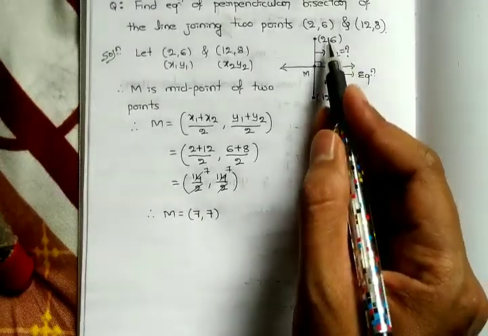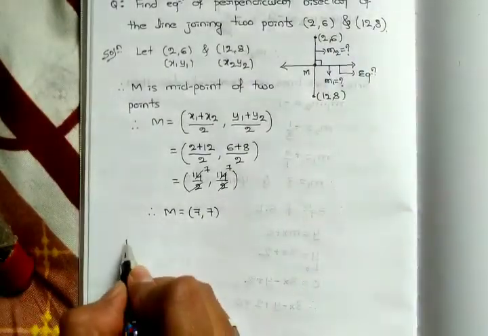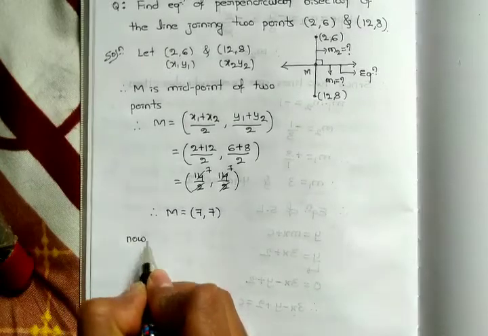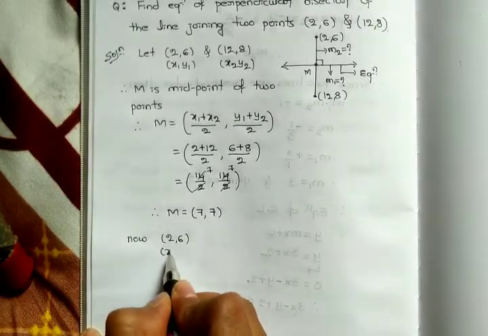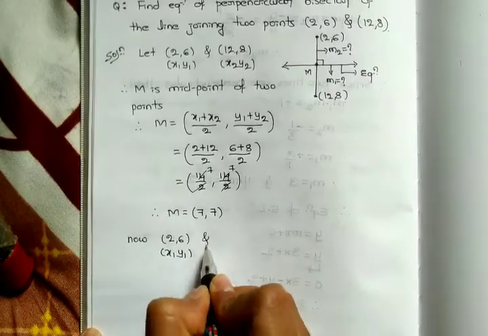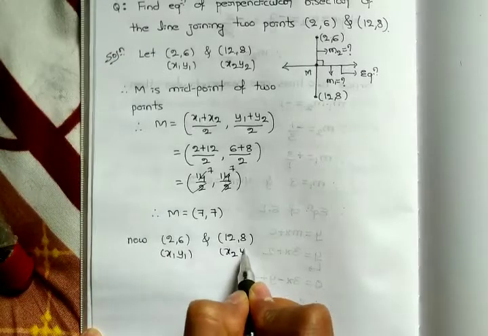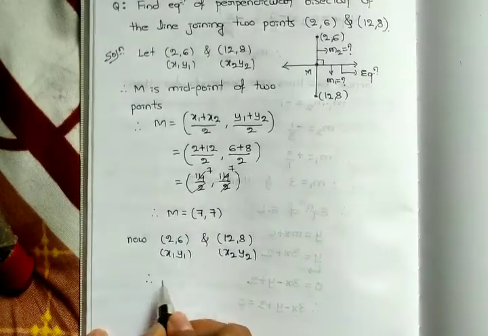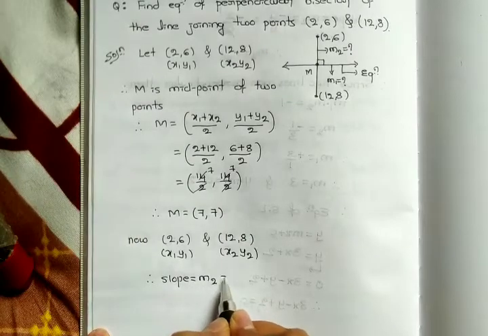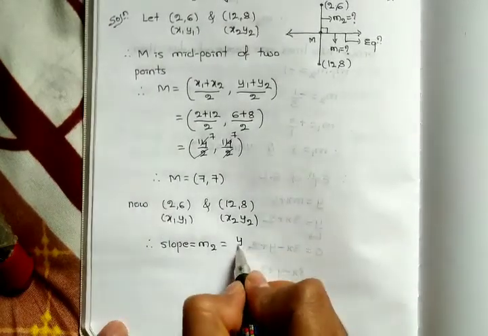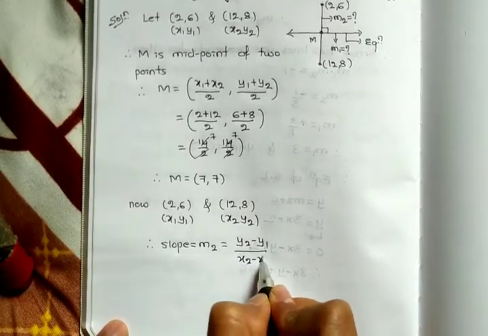Now again using these two points, find the slope. Again (2, 6) is x1, y1 and (12, 8) is x2, y2. Therefore the slope m2 is y2 minus y1 upon x2 minus x1.